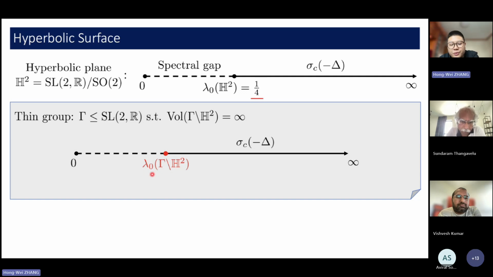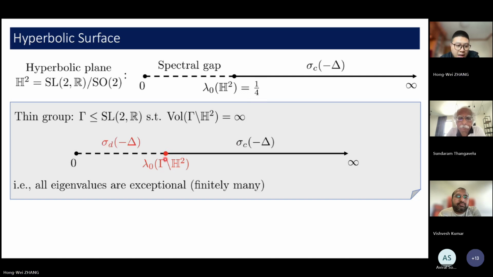We can compute it, we will see what it is, but in general, it could be something else. And the continuous spectrum starts at this lambda 0. And in this case, all eigenvalues are exceptional, which means that the discrete spectrum is in the spectral gap. There are finitely many of them.